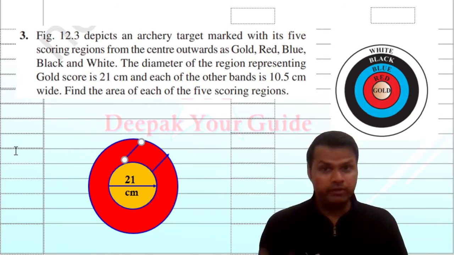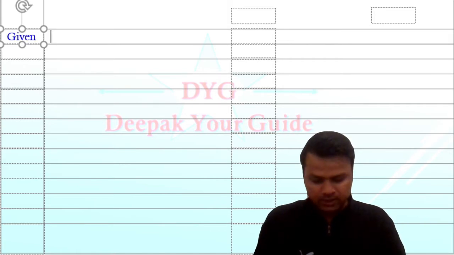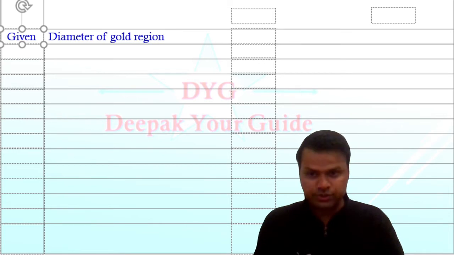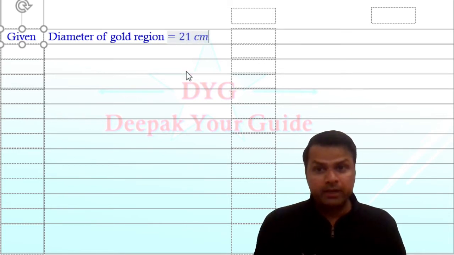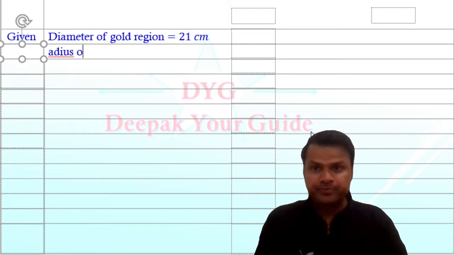So now we have understood the question. Let's start solving it. How will we solve it? First I'll write what is given. That's what we do. They have given us the diameter of the gold region. That is 21 centimeters. If the diameter is 21 centimeters, can I calculate the radius?